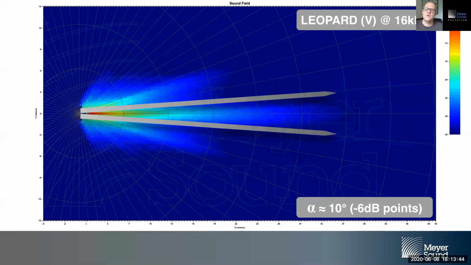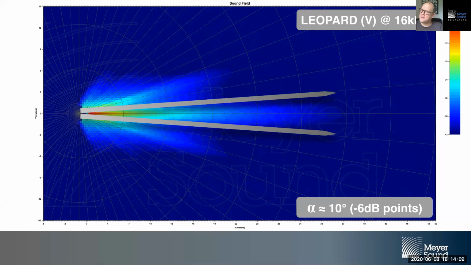And by the time we come to 16 kilohertz, our Leopard loudspeaker is now so narrow. This is essentially a laser beam, if you will. It's become so narrow at 16 kilohertz that its vertical coverage angle between the -6 dB points has shrunk to 10 degrees.